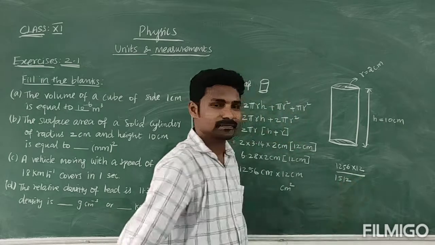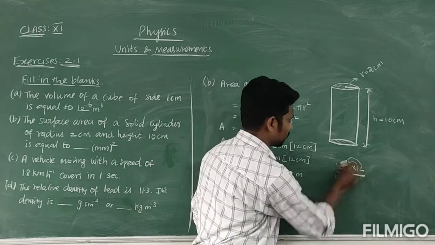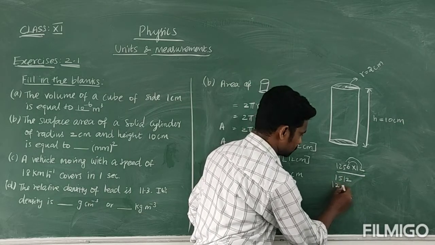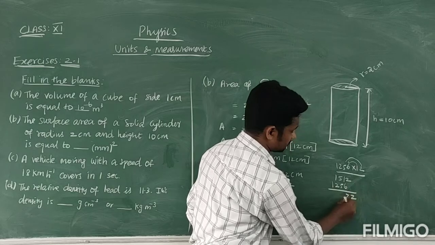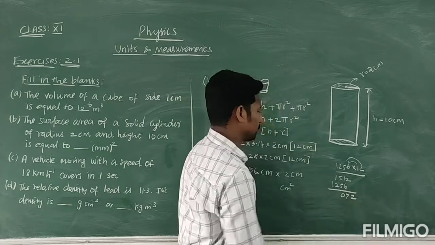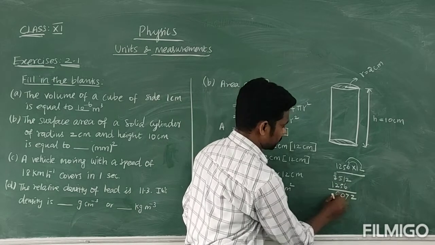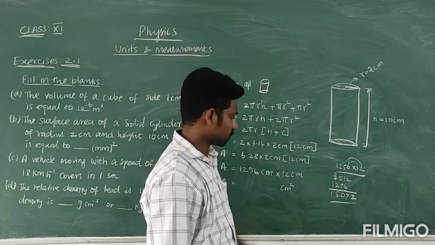512, then first 2 over next 1 time 1, so 1 into 256. 1256, okay, so we can get 2 7 0, so here it is 2 times 2000. 15072, so 1507.